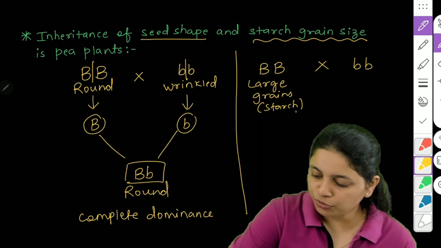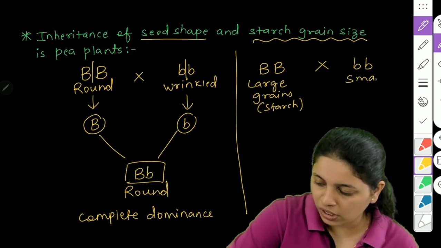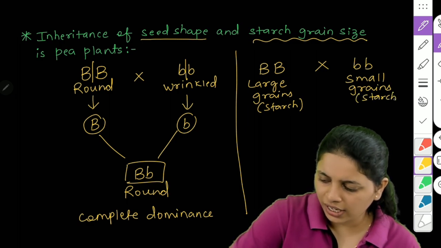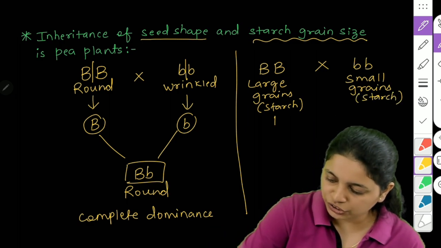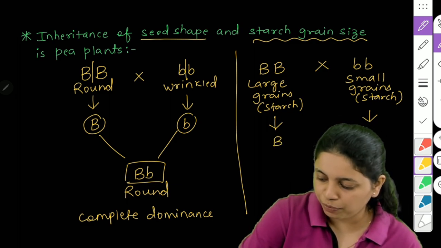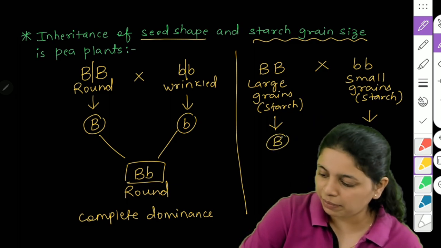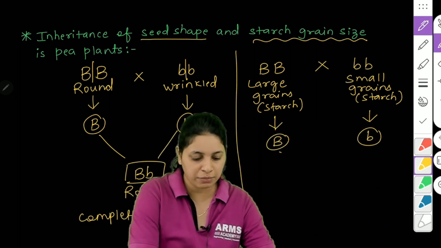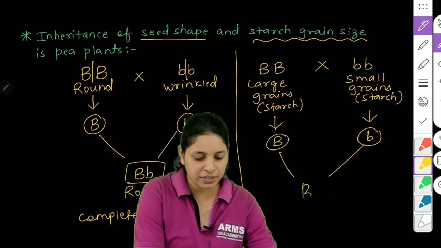And in small b, we have small grains of starch. Now we make the cross. Gamete formation will be the same. Capital B will separate, so we get only one type of gamete. Small b will separate, so again we get one type of gamete only. Now both these gametes will fuse and you will get capital B, small b.